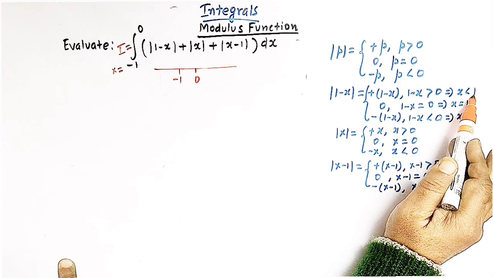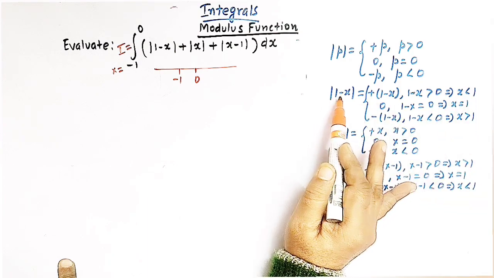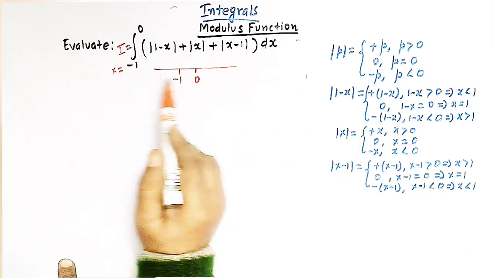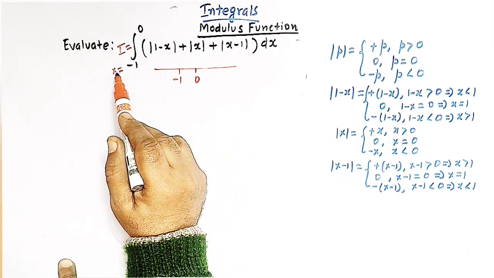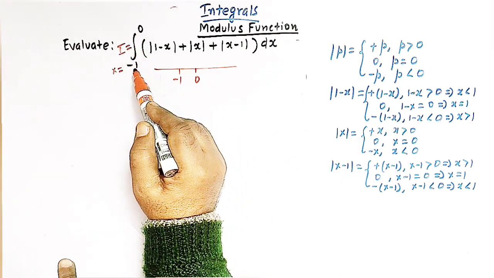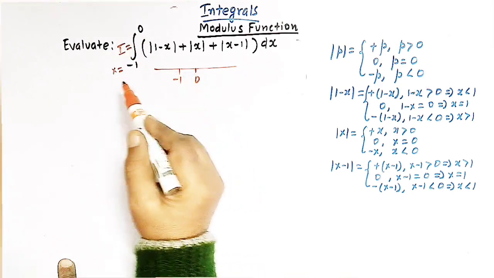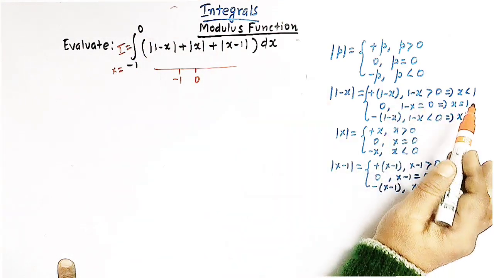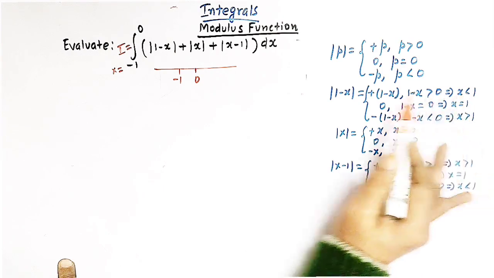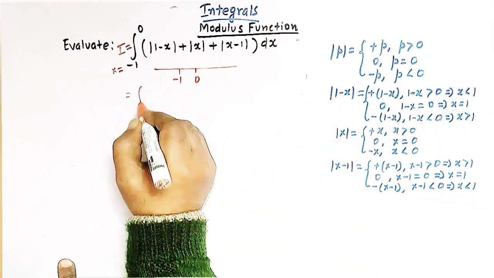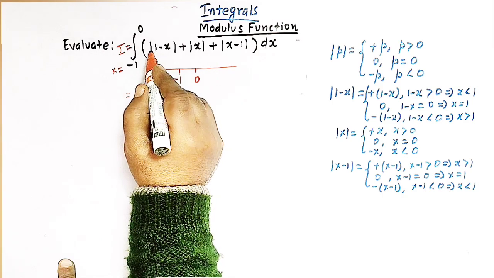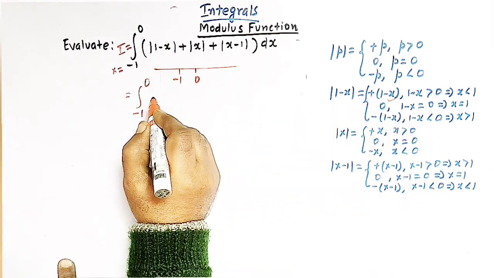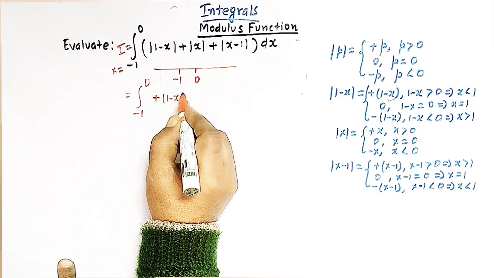So whenever x is less than 1, then mod of 1 minus x is positive 1 minus x, and here all the values of x which lie in the interval minus 1 to 0 are less than 0. So obviously all the x are less than 1, right? So here we can replace mod of 1 minus x by positive 1 minus x, right?